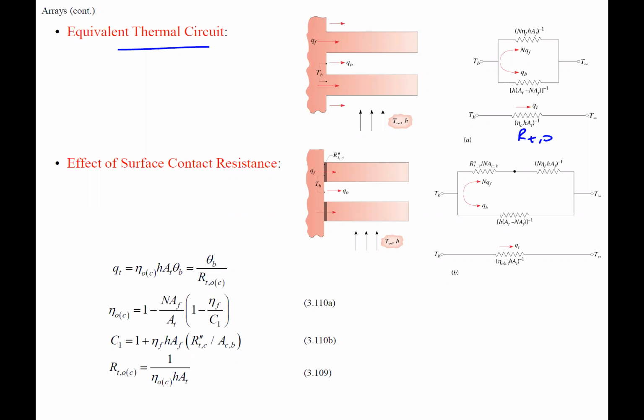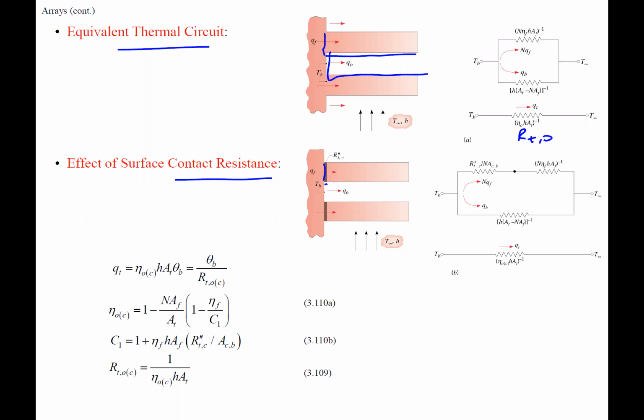One last one that I'll show here is if you had, say, surface contact resistance. If you took a block of aluminum and machined these slots out of it, you wouldn't have any contact resistance between here and here because it's a single piece. But instead, let's say we have something that's huge, a big heat sink, and maybe we're welding those pieces onto the base.